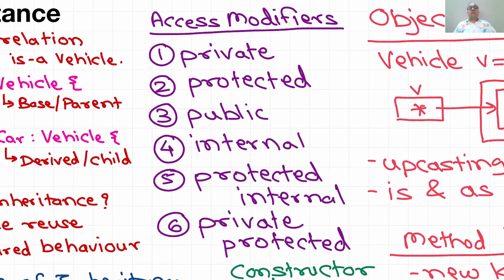The first one is private. What is private? The private members are accessible only inside the class. So you can access the private members inside the methods of that class only. They are not accessible to the derived classes. They are not accessible outside the classes.